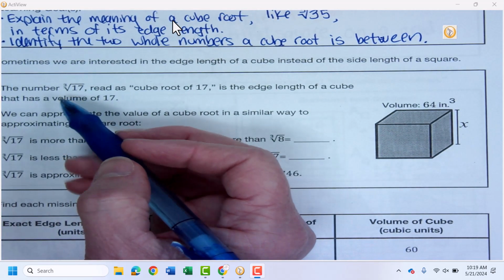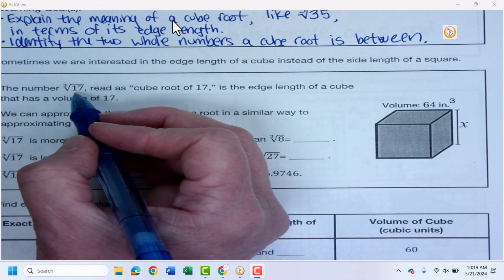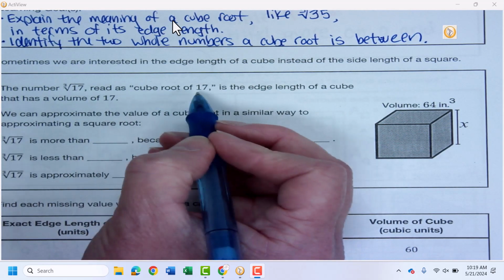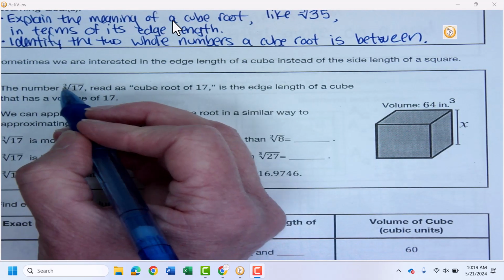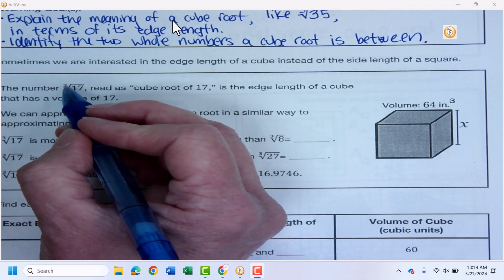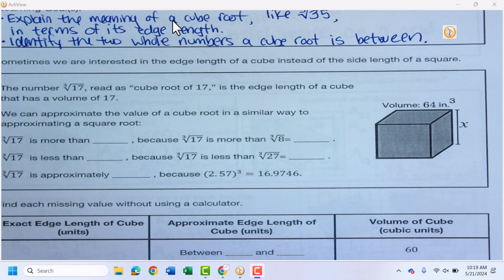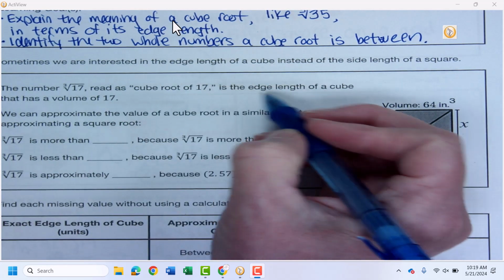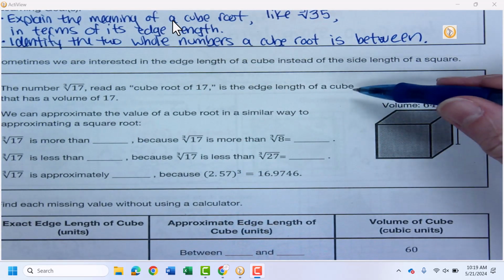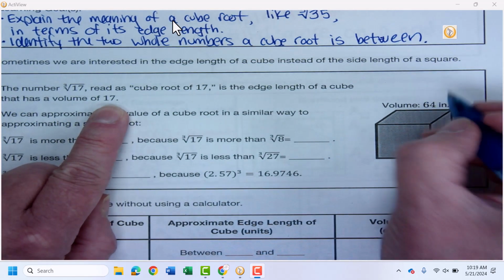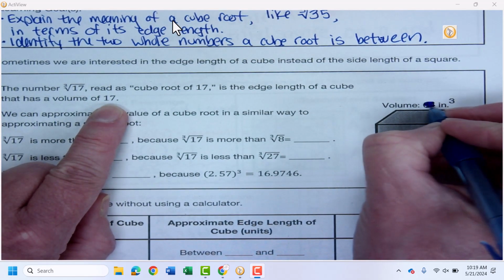So let's say we have a number like the cube root of 17, and we read that just like I did, cube root of 17, kind of like we're reading from left to right. Say cube when you see the 3, there's the root, and 17. The cube root of 17 is the edge length of a cube that has a volume of 17. I really wish that they had made this match up a little bit.